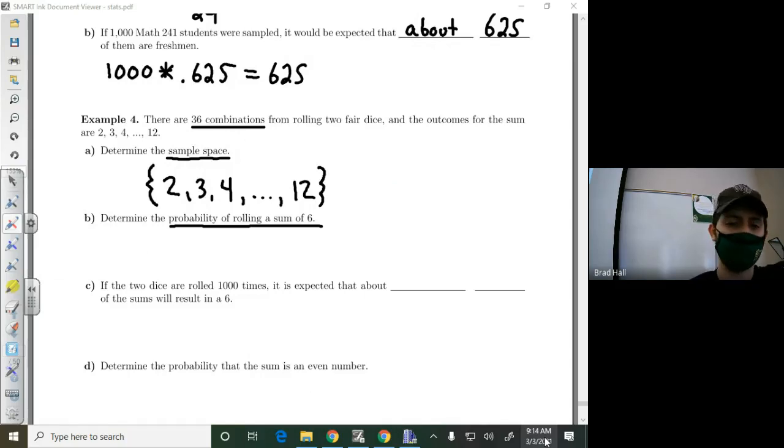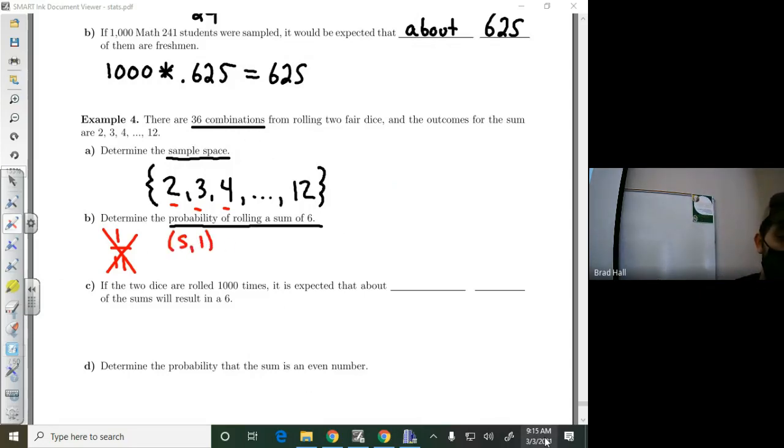Rolling a sum of 6, you might think, all right, well, there's 1, 2, 3, all the way up to 11 options. So you might think, all right, 6 is one of the 11, so then the probability would be 1 over 11. That is not correct, because there's more than one way of rolling a 6. You can roll a 5 and then a 1, or you can roll a 4 and a 2.